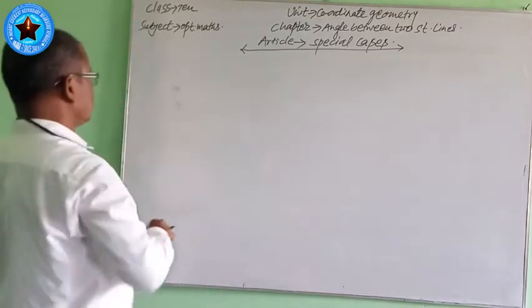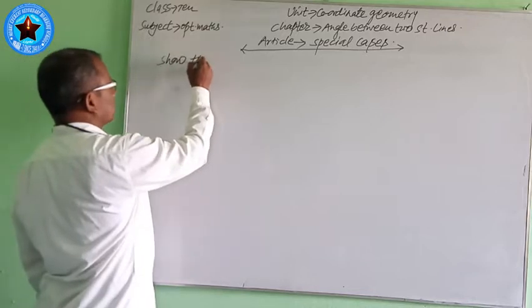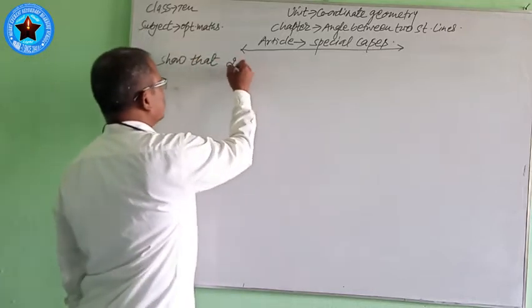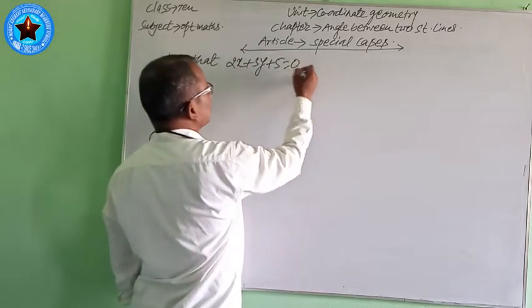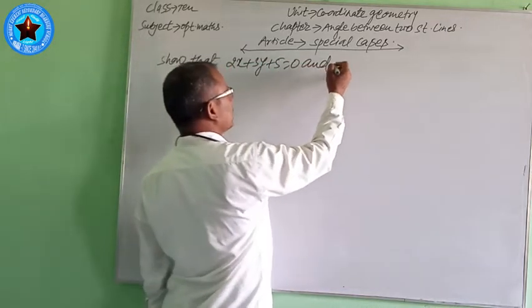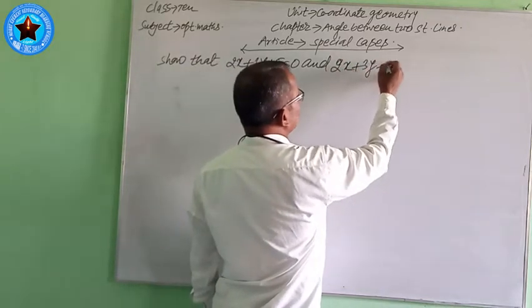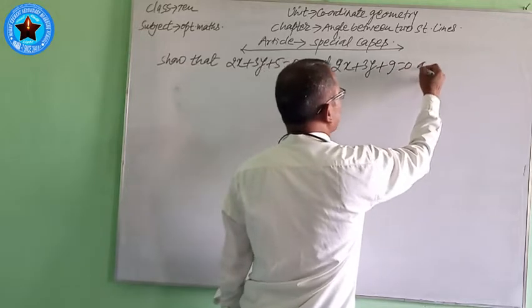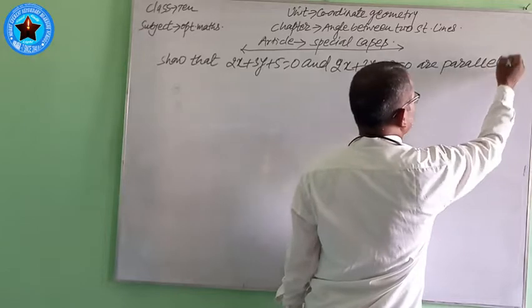2x plus 3y plus 5 equals 0 and 2x plus 3y plus 9 equals 0 are parallel to each other.